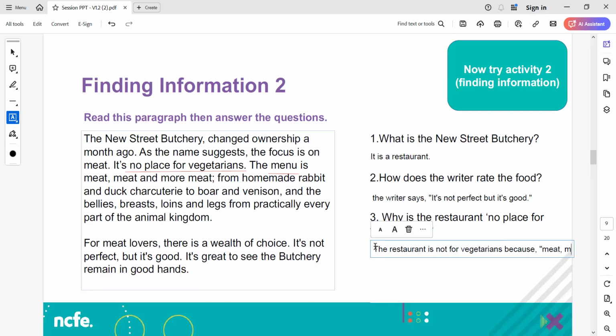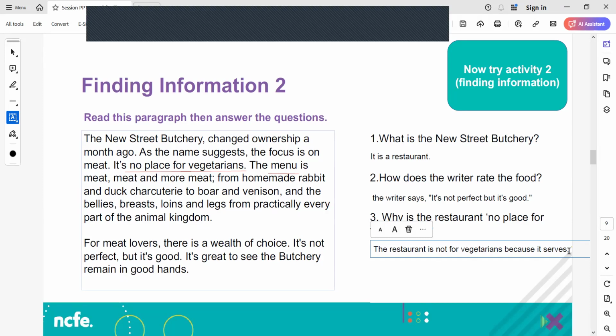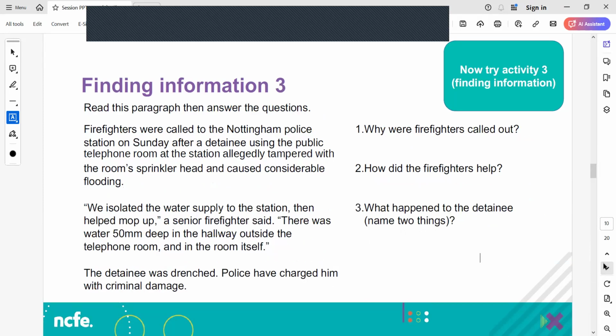Meat, because it serves meat, and good. Okay, well done.